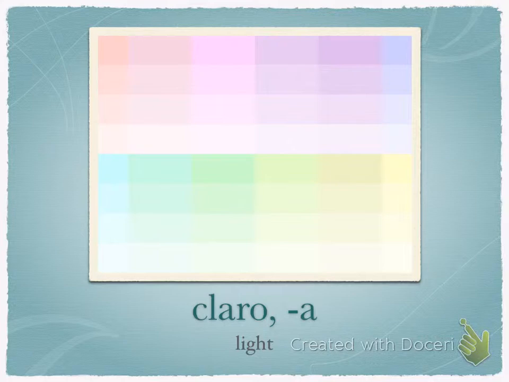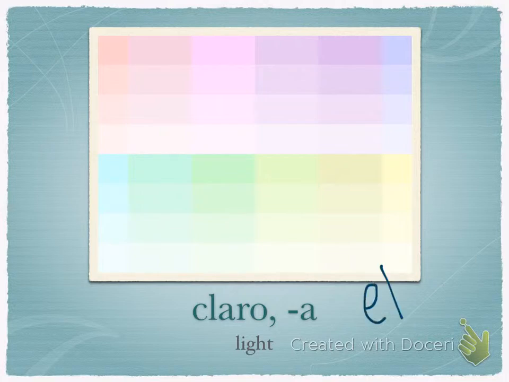Light, claro o clara. Now the reason that there's two forms here is because this is an adjective, so depending on what you're describing. So for example, the color is light. El color is masculine, so we would say el color es claro.